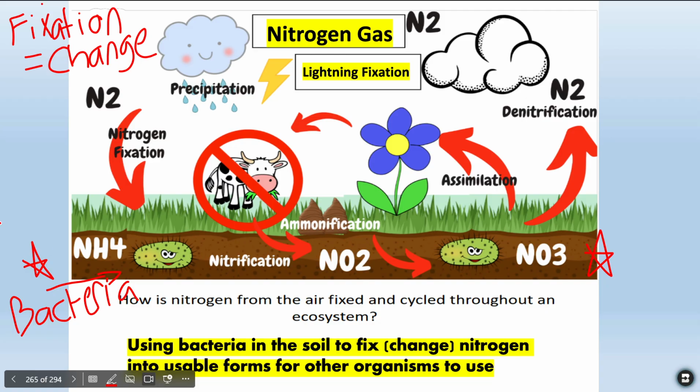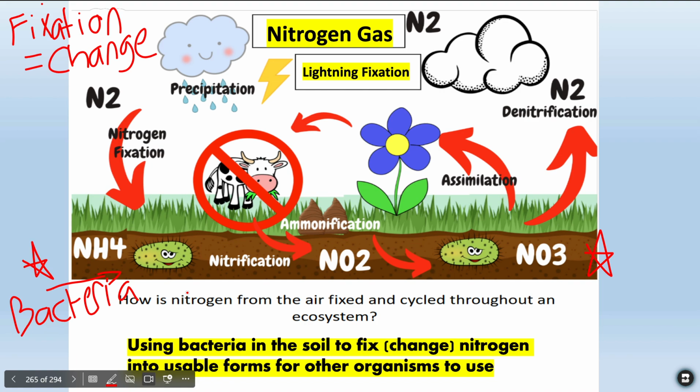In this case, we say using bacteria in the soil to fix or change nitrogen to usable forms for other organisms to use. So plants cannot get their nitrogen without bacteria first helping them change it to usable forms.